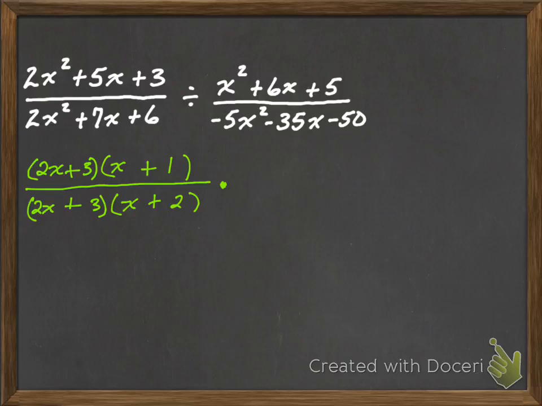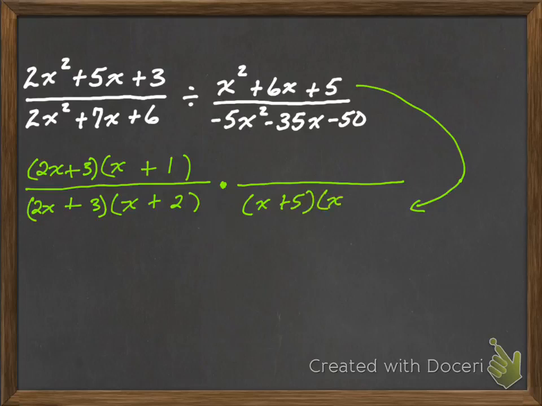Change this to multiplication, and we remember to reciprocate. So the numerator becomes the denominator, which factors to x plus 5 times x plus 1. And this becomes the numerator, and we can factor a GCF of negative 5 out of this.